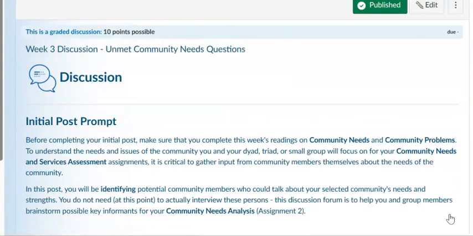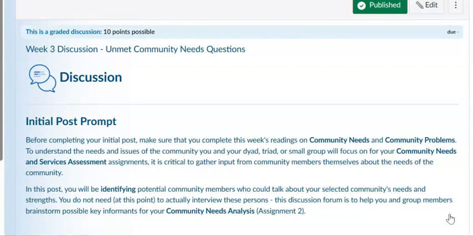The next is a discussion of unmet community needs. So before completing your initial post, make sure that you complete this week's readings on community needs and community problems. To understand the needs and issues of the community, you and your dyad or triad group will focus on for your community needs and service assessment assignments.